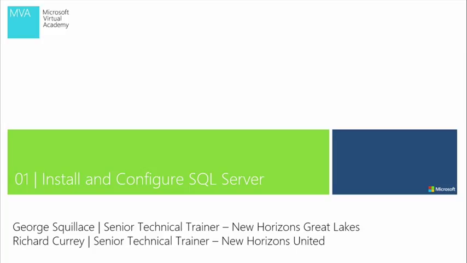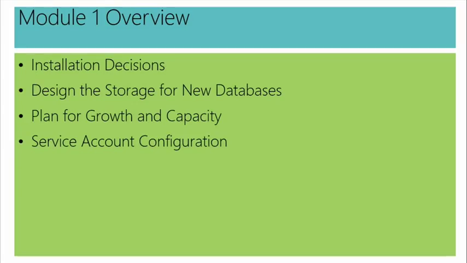Alrighty, so first module, installation and configuration of SQL Server. We can't get into the really grimy detail of all the decision making that you have to do, so we want to take maybe a treetop or a little higher level look at the major decisions along the way, and in particular, some of the critical decisions. In addition to installation decisions, we have an I/O bound product, so we have to design storage well.